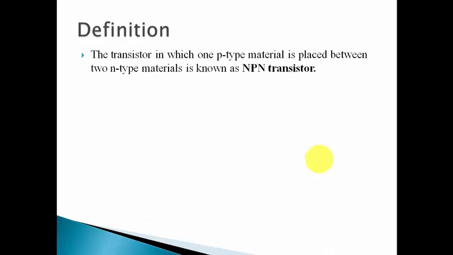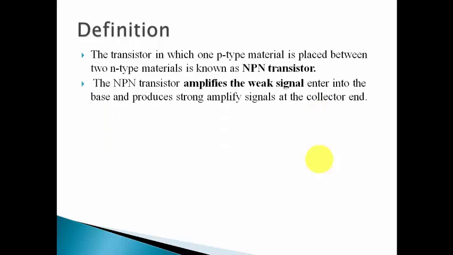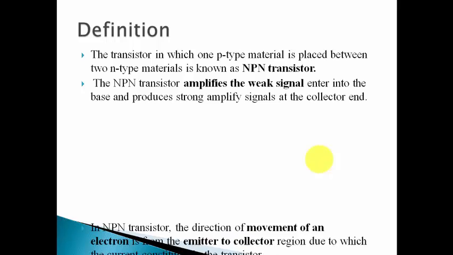The transistor in which one p-type material is placed between two n-type materials is known as an NPN transistor. The transistor which has one p-type and two n-type materials is known as an NPN transistor. An NPN transistor amplifies the weak signal entering into the base and produces a strong amplified signal at the collector end.